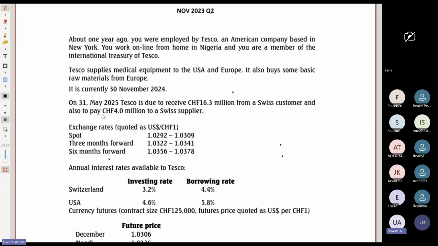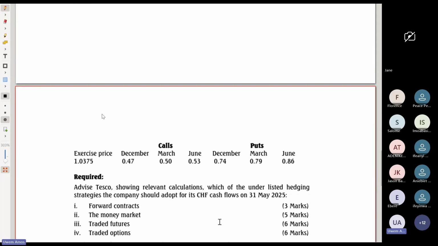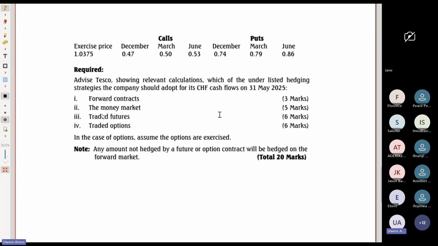So they're concerned about how they protect themselves against adverse movement in exchange rate between the US dollar and the Swiss franc. So we're asked to help them do that or devise how to do that through a number of methods. Of all of these methods, the money market we will not consider, because this has been moved to FM.